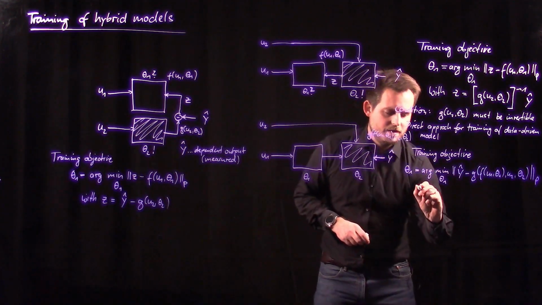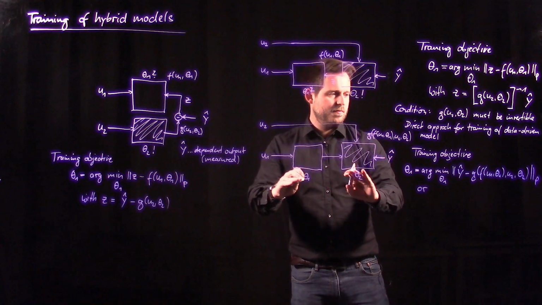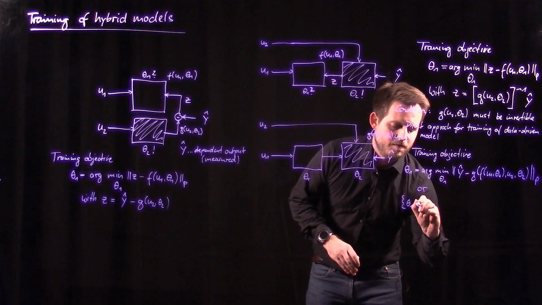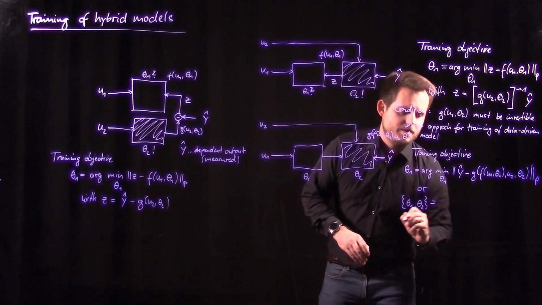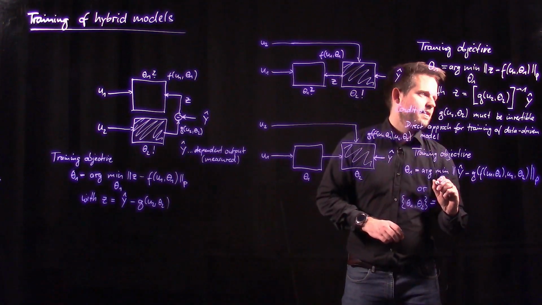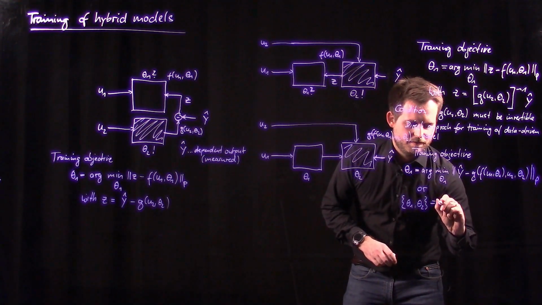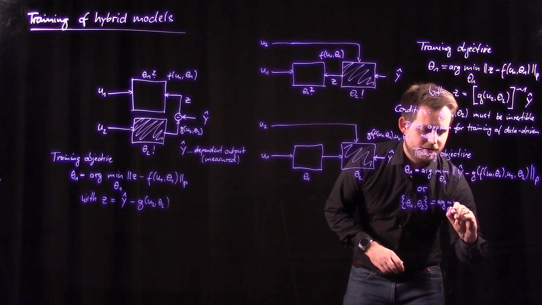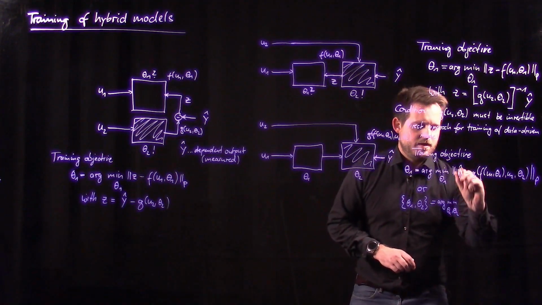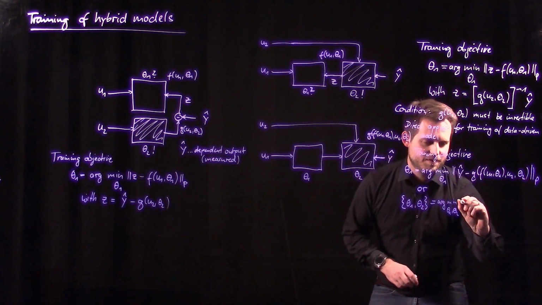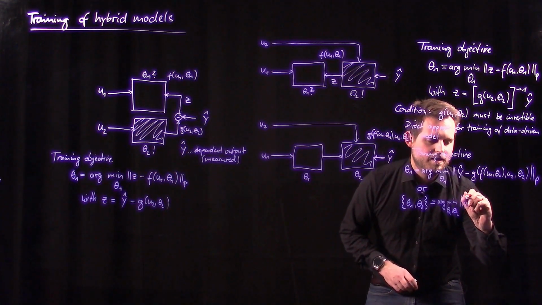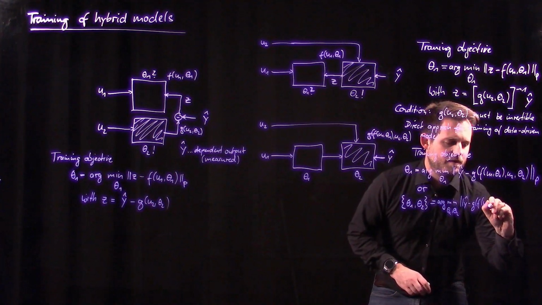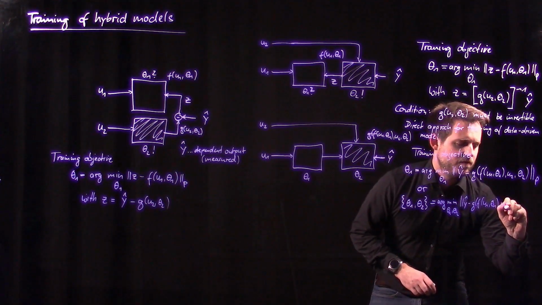Or if you say you want to fit both, you might have this set of both parameter vectors, which you can then estimate with the arg min dependent on θ1 and θ2, and then you have again the same term, so it's again y hat minus g from f of u1, θ1, u2, θ2.